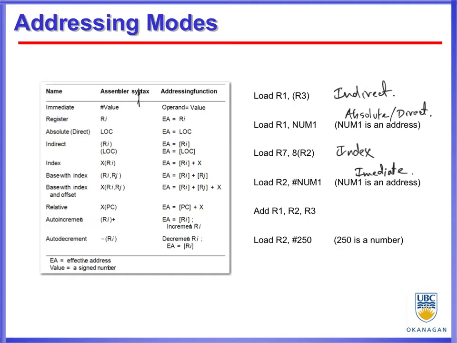The operand is the address num1. So it's the actual address num1 that's being put into R2. So now R2 is like a pointer. It holds a memory address. Here R1 holds the number that's stored at the memory address num1.